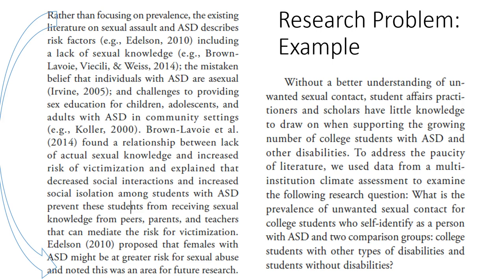So the need to use very concrete language when doing sex education, and the relationship between the lack of actual knowledge and increased victimization. So the literature is talking a lot about risk factors, but not actually telling us how many people with ASD are sexually assaulted. So what's the prevalence here? So that's the grounding in the background in the literature.